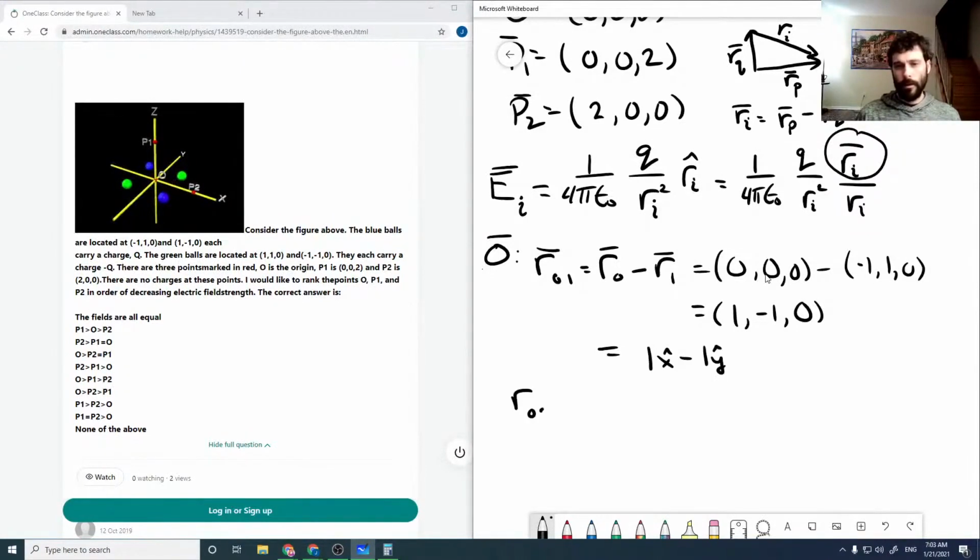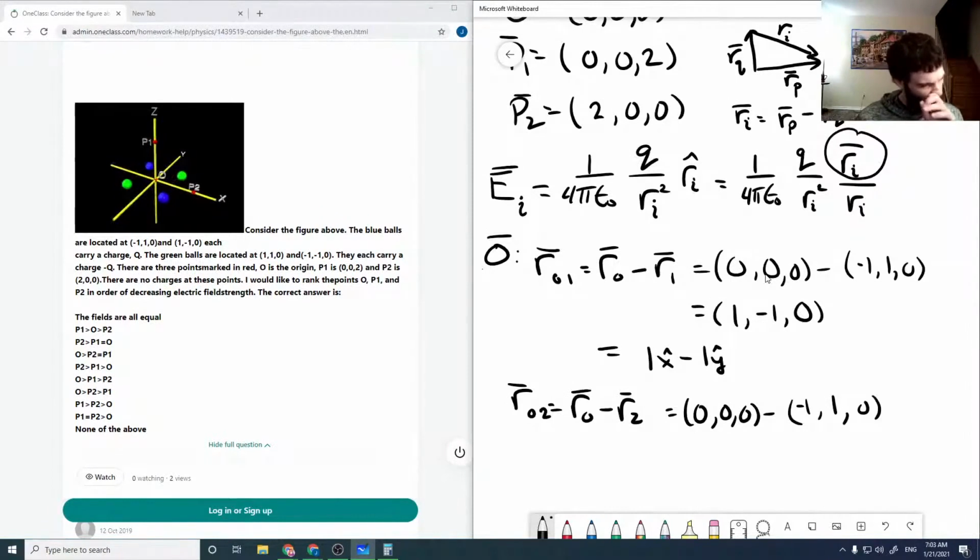Our RO2, RO minus R2, is 0, 0, 0 minus 1, 1, 0, sorry, that's minus 1, 1, 0, which is minus 1 x hat plus 1 y hat.